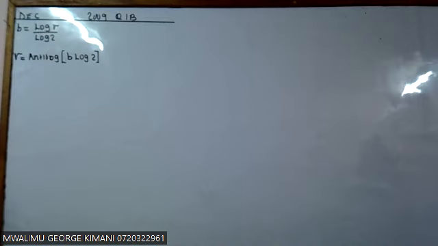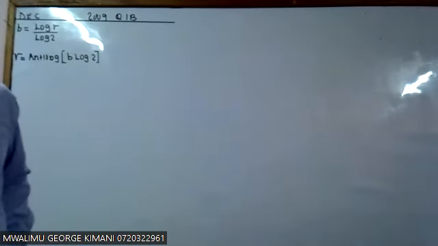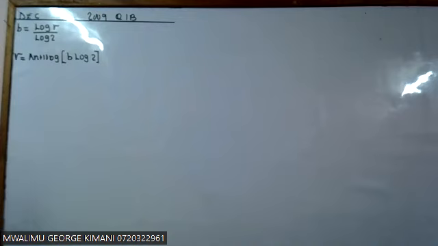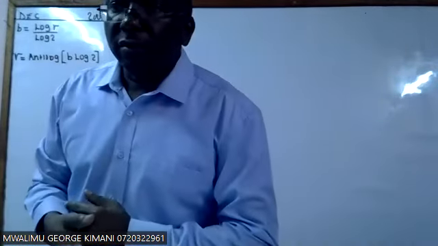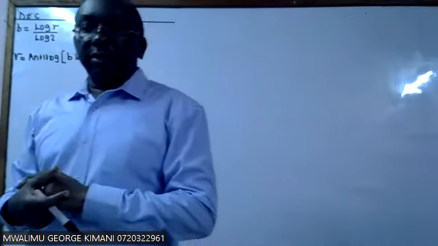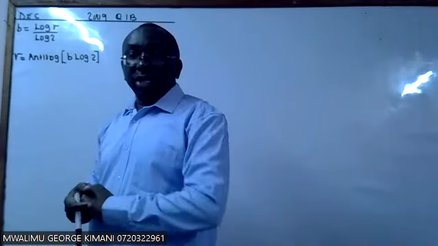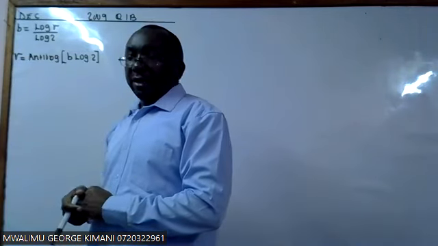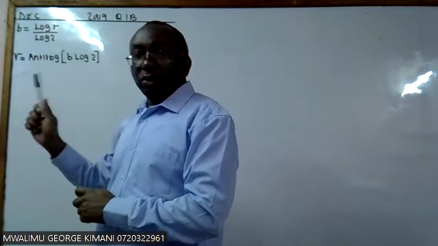Now, in our question here, we do not have the value for R, and we also do not have the value for B. So we do not have the value for B, and we do not have the value for R. That means this formula cannot help you because it has two unknowns.